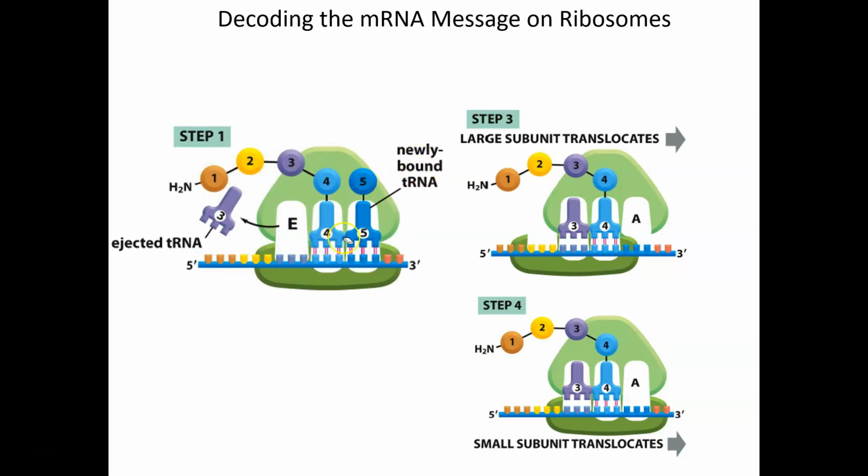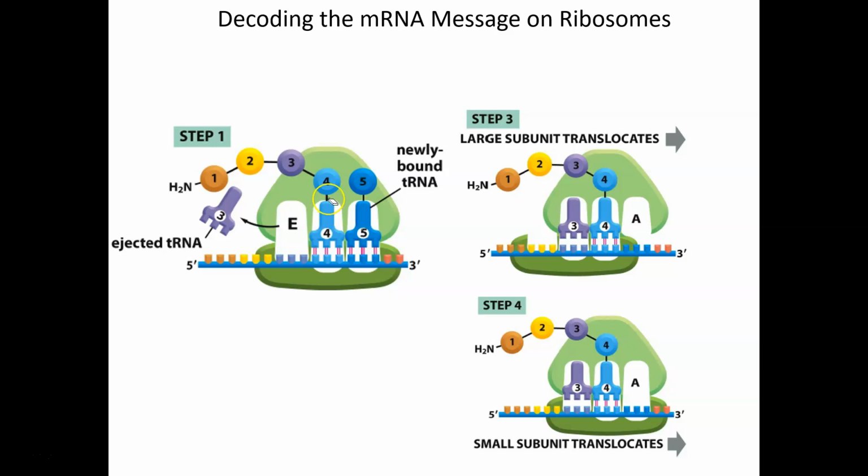The next new aminoacyl tRNA is going to come into the A site where it belongs, because it's only carrying a single amino acid. But since only two tRNAs can exist in the ribosome at any one time, this is going to evict the empty tRNA from the E site, and we're right back to the beginning. What's going to happen next is a peptide bond is going to be formed between these two amino acids.